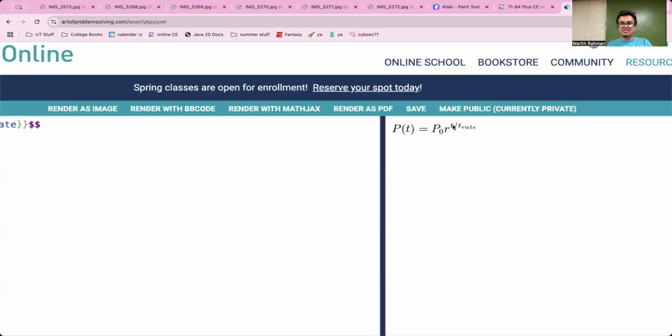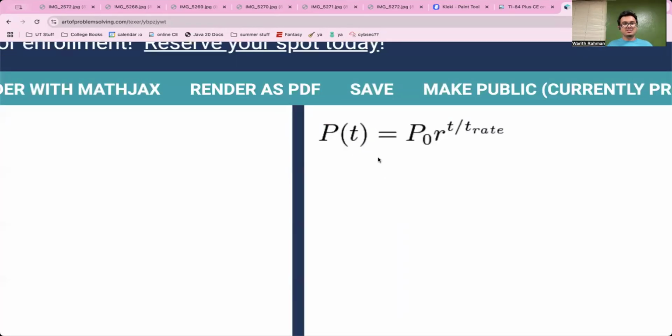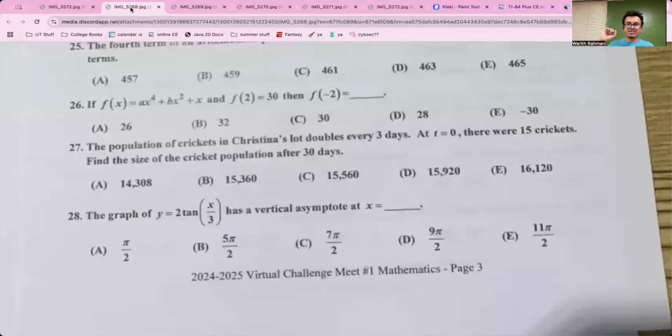So this is the general idea: our population is equal to our initial population times our rate to some exponent. And this exponent is the time that has passed divided by the time it takes to double or triple or whatever. In this case, p sub 0 is 15, and it doubles, so r is 2, every 3 days.